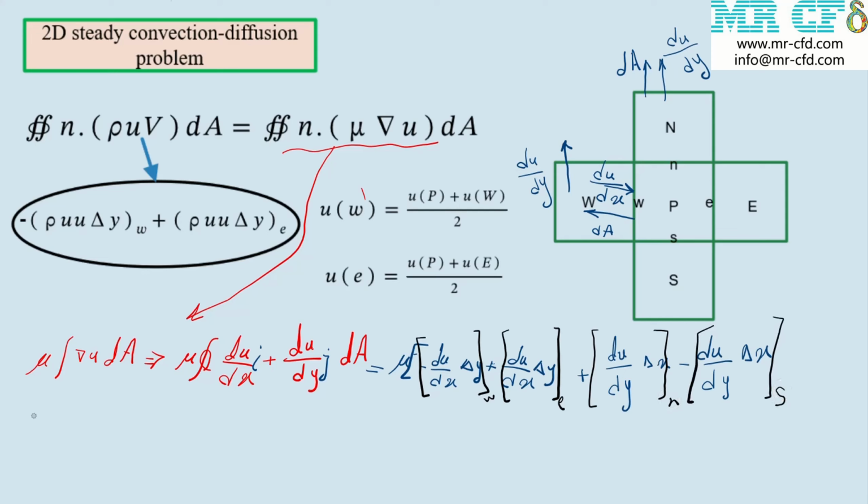We can write the Taylor series for the x velocity at node W with this formula: u_W minus u prime of W times delta x divided by 2 plus u double prime at W, that is the second derivative of u with respect to x, multiplied by delta x to the power of 2 divided by 8.